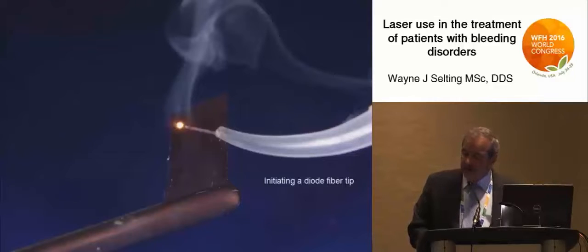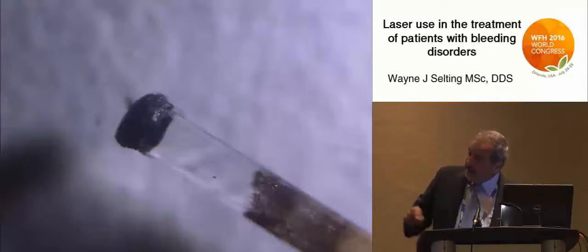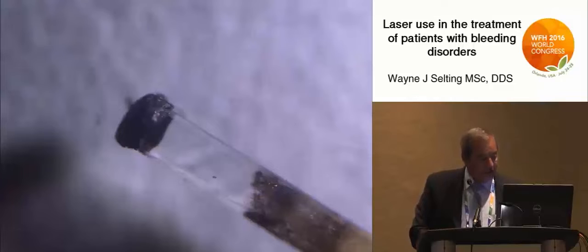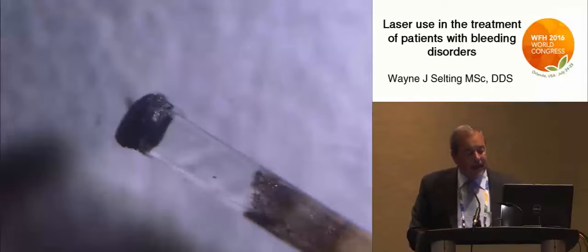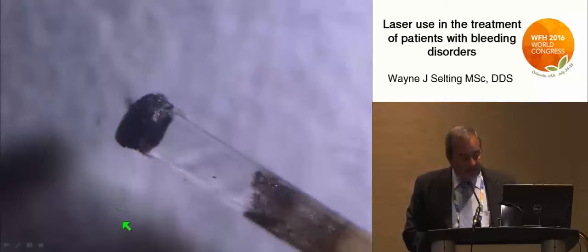Here's a close-up of my fiber that is 400 microns in diameter. So right on the end of it, to the left, right there is about 200 microns thick and 400 microns wide area of pigment. That pigment, here comes the laser energy down this glass fiber, and all of it is absorbed right there.